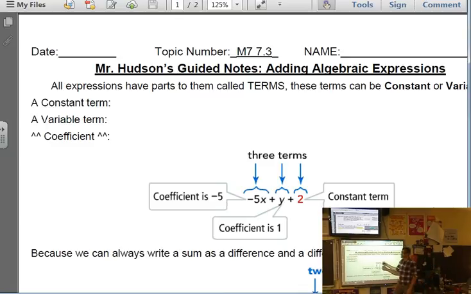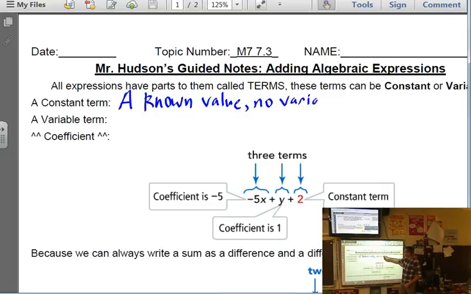So a constant, what I want you guys to have down here, is a known value, no variables, or actually we could say no letters, can't change.